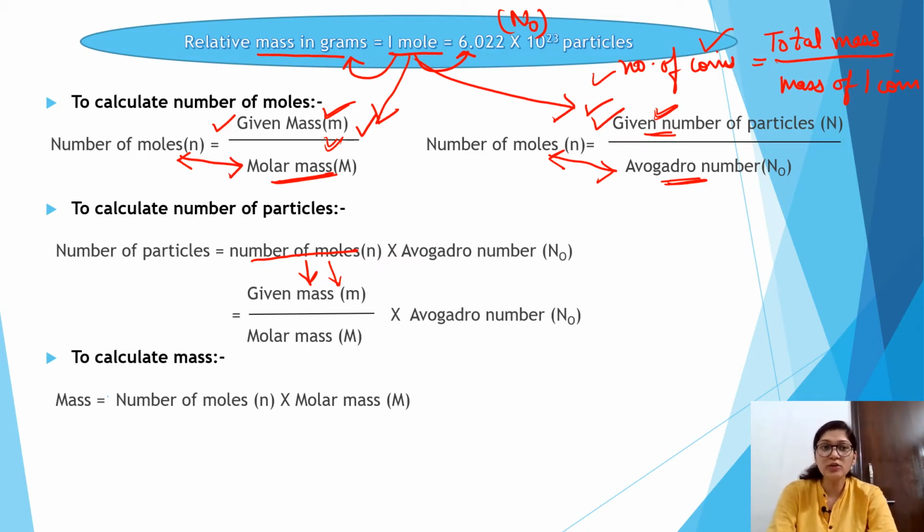In fact, you need not learn the first two formulas. If you know the mole concept, that mole represents two things, the number of particles as well as the relative mass in grams, on the basis of these two you can derive the numericals. It can be better understood if we do numericals based on these formulas one by one.